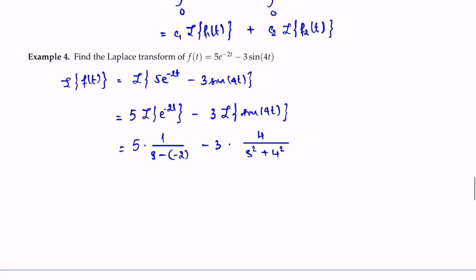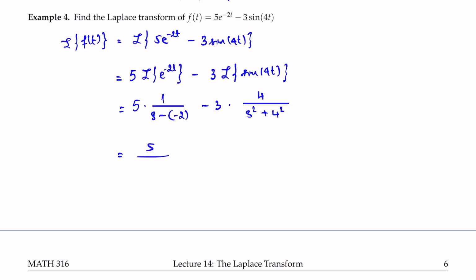So simplify this a little bit. You have 5 over s plus 2 minus 12 over s squared plus 16. Okay, so that's how you perform the Laplace transform of some functions added together.